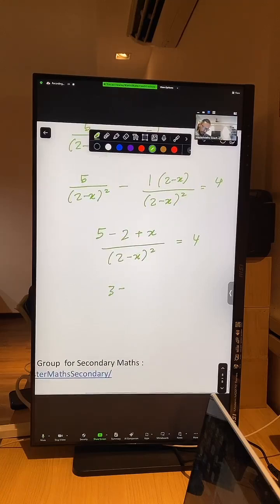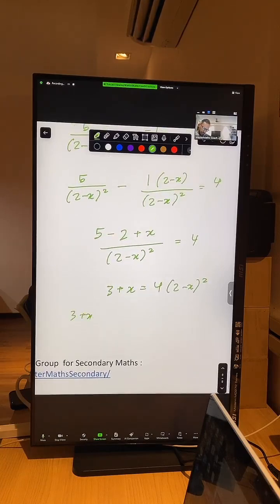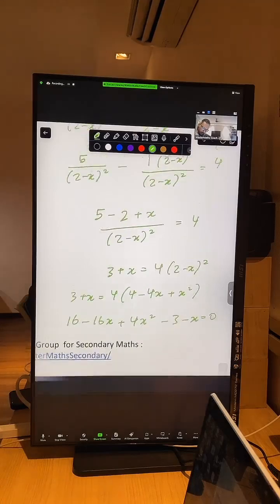So this is 3 plus x over (2 minus x) squared equals 4. Then (2 minus x) squared is 4 minus 4x plus x squared. So this will give me 16 minus 16x plus 4x squared minus 3 minus x equals 0.